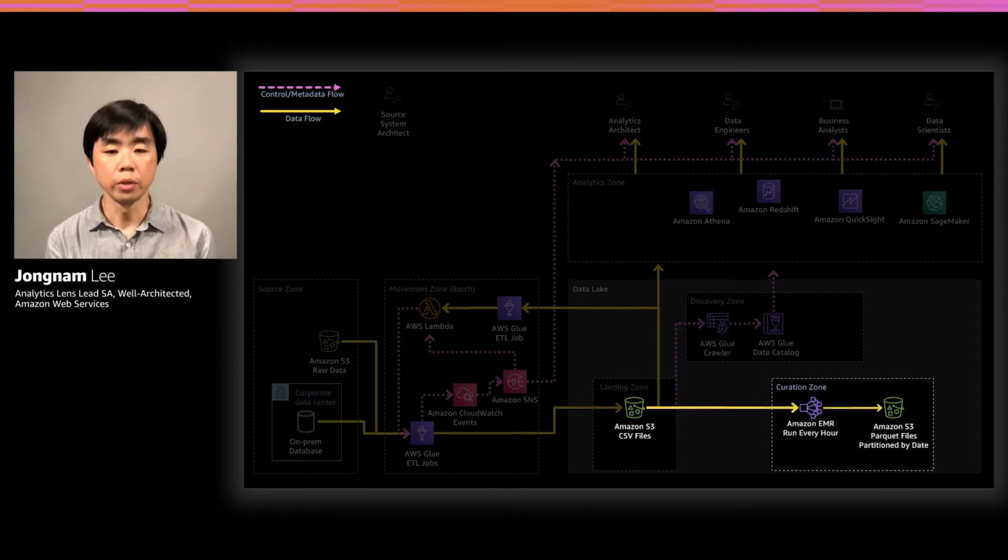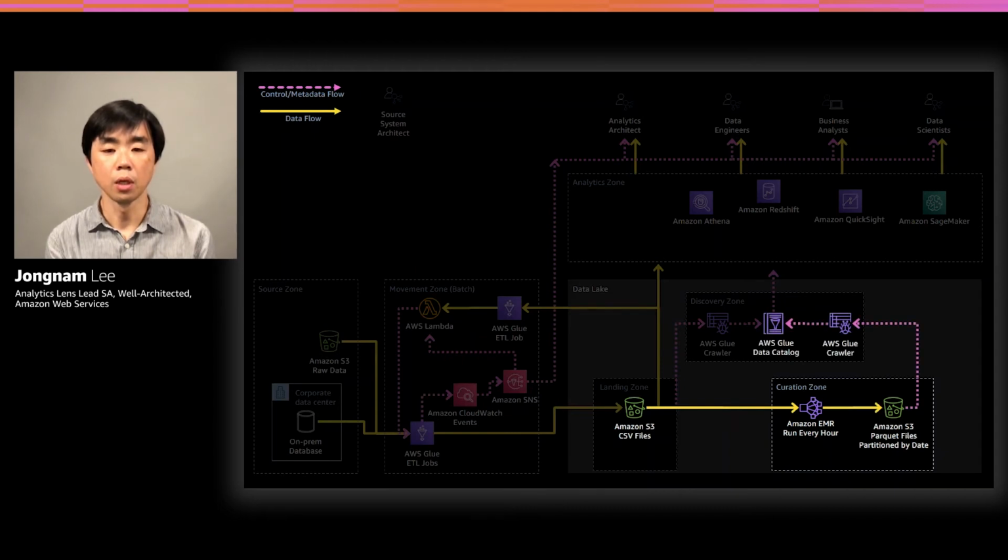You will need to think about another data curation, which is Amazon EMR in this case. And then you will think about running the data movement between the landing zone and the curation zone every hour. So that is the point.